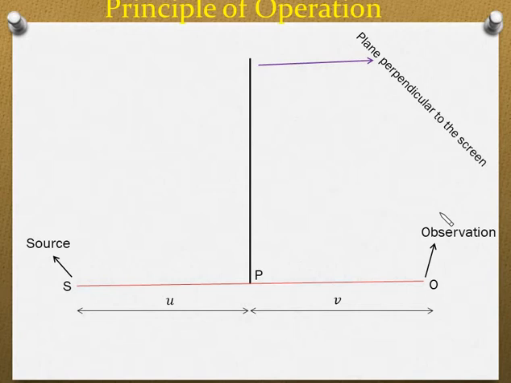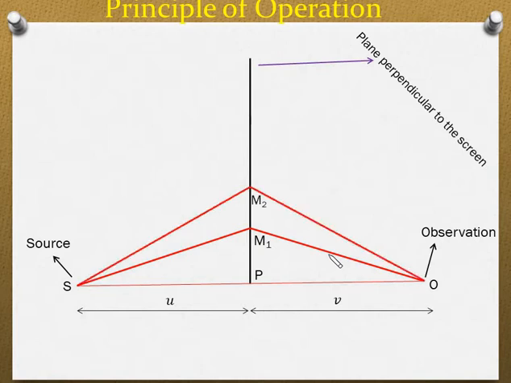Now the distance between the source and this plane is u, and the distance between the observation point and the point P of this plane is v. What we will do, we will take a point in this plane, say point M1, such that the path difference between SM1O and the other path SPO is lambda by 2.